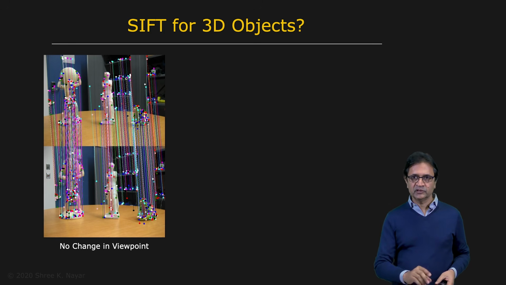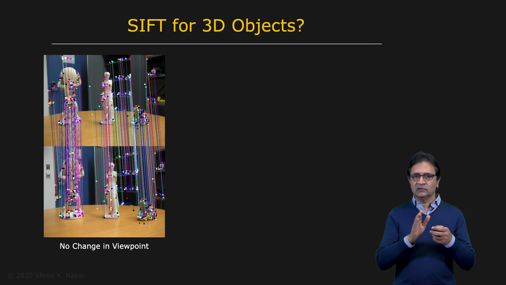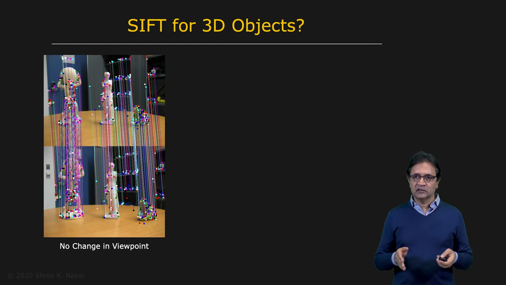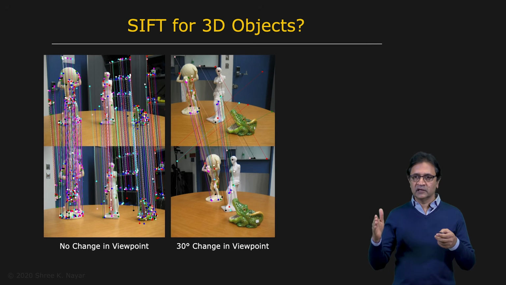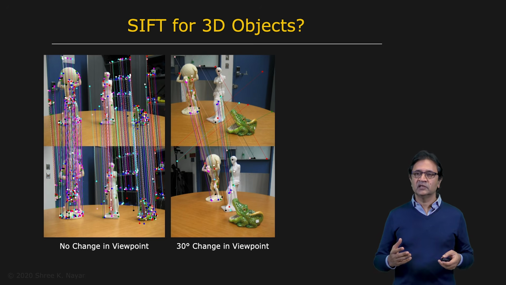Here you have two images that are taken from roughly the same viewpoint. And as expected, you get lots of matches. Each one of these lines, once again, is a successful match. Now imagine an image taken from some angle and another image taken from roughly 30 degrees away. So you get these two images. And all of a sudden you see that there is a dramatic drop in the number of matches between these two images.